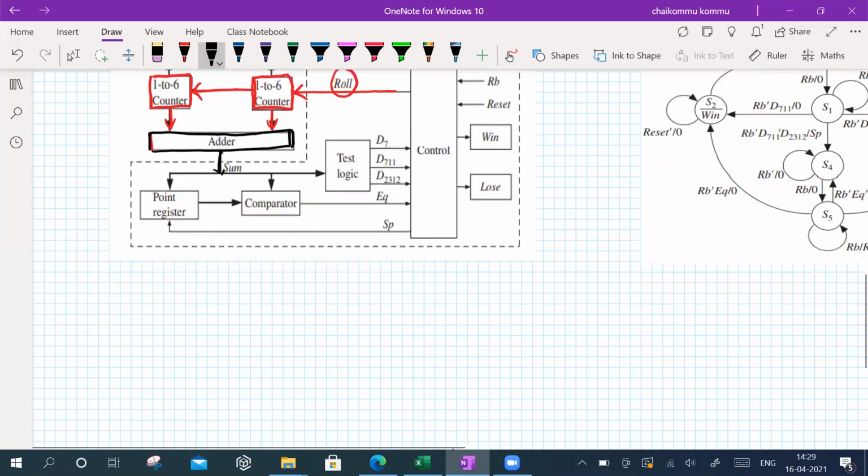The sum signal has to be stored in the point register. For the second roll, we have to compare this sum value to the point value. A comparator is required for comparing the sum value and the point value, to check whether it is equal or not equal.